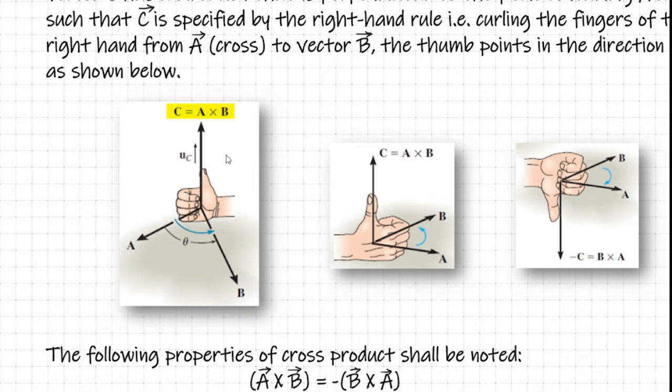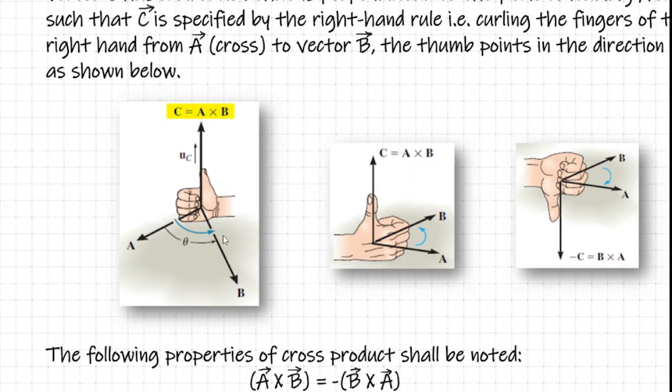Number one, vector C is perpendicular to the plane containing vector A and vector B. The plane containing vector A and vector B is indicated by the dark gray color. So vector C is normal to the plane containing A and B.